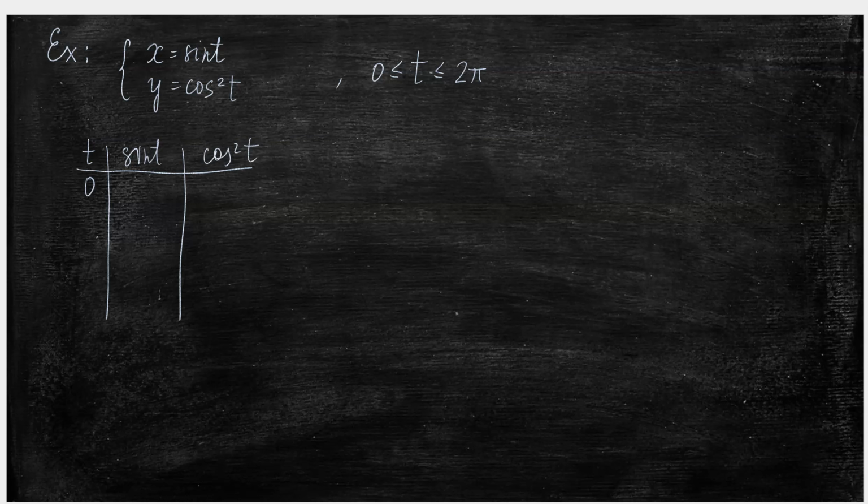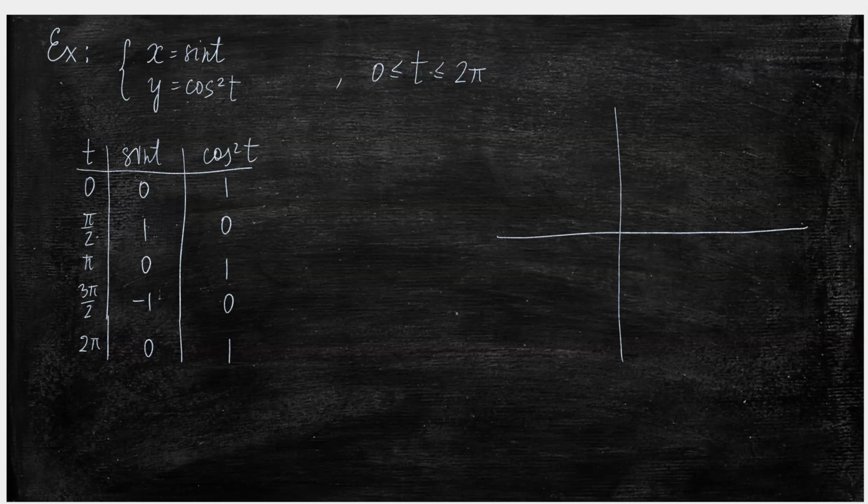When t is 0, all right, and what do we get here? So when t equals 0, we are at 0, 1.